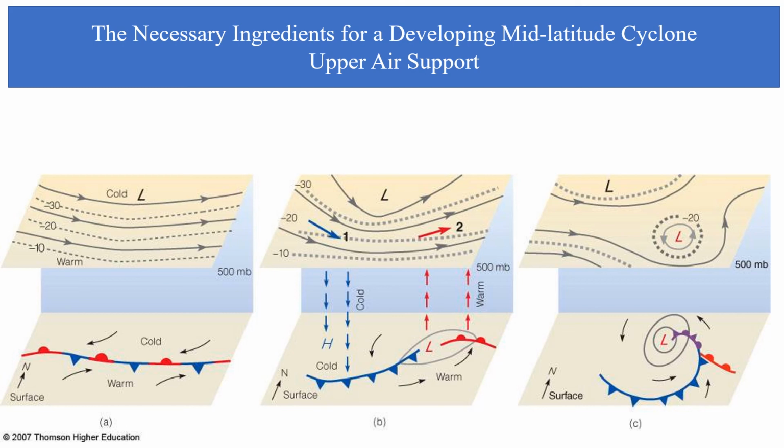The overall effect of that differential temperature advection is to amplify the upper level wave. As the trough aloft deepens, its curvature increases, which in turn increases the region of divergence above the developing surface system. At this point, we can say the surface mid-latitude cyclone rapidly develops as the surface pressure falls.